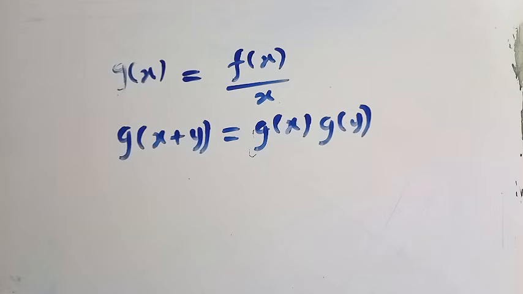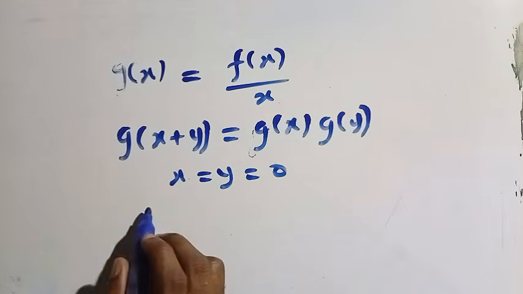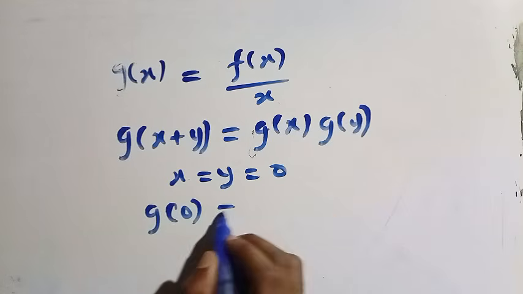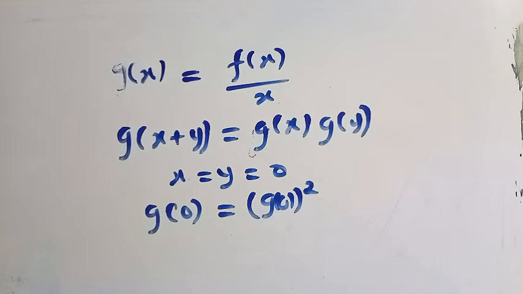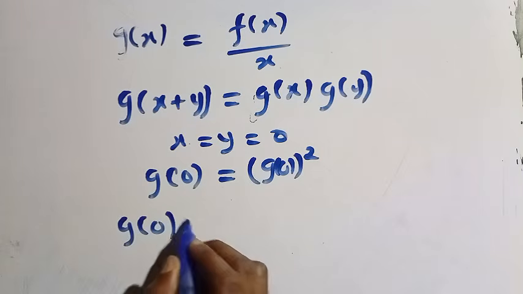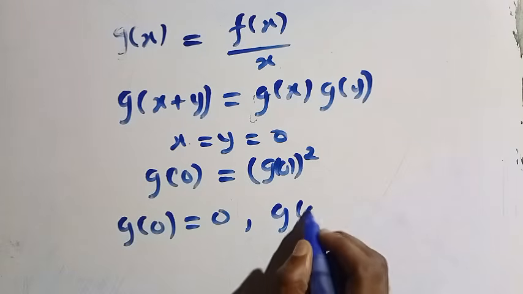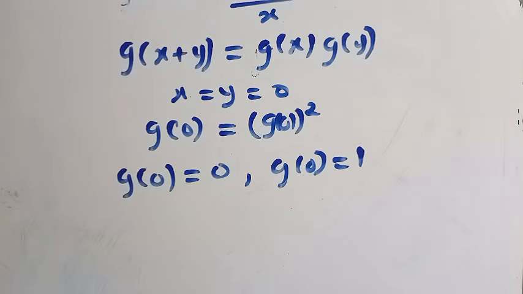And to solve it, suppose I let x equals y equals 0, then we are going to have g of 0 equals g of 0 all squared. I need to know g of 0. From here, what we got is g of 0 either equals 0 or g of 0 equals 1. Can we get anything from these two? Let's try and verify.